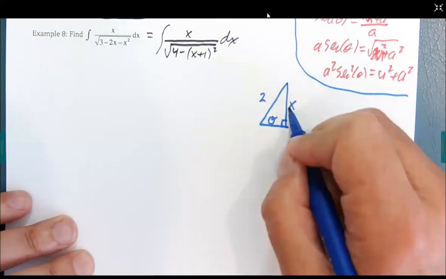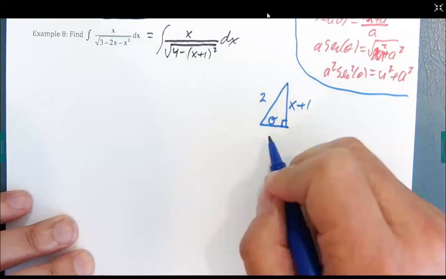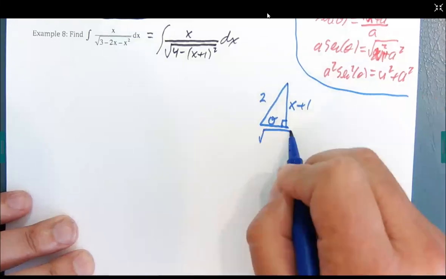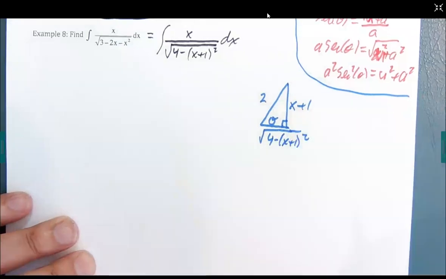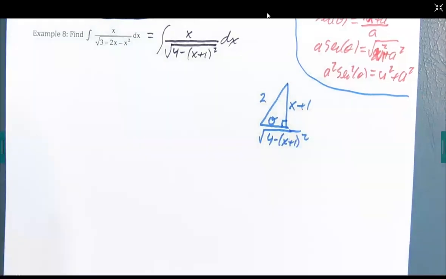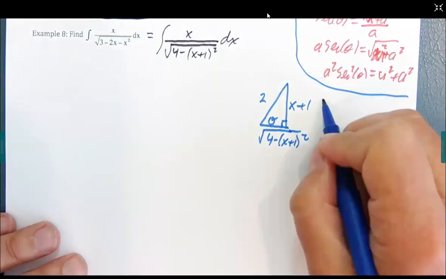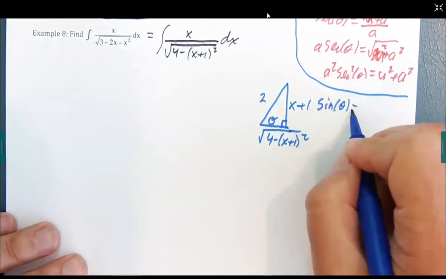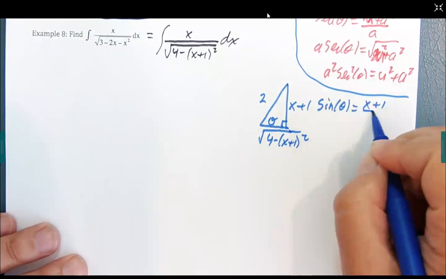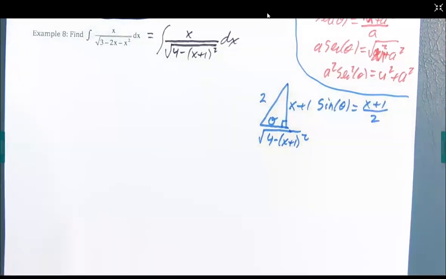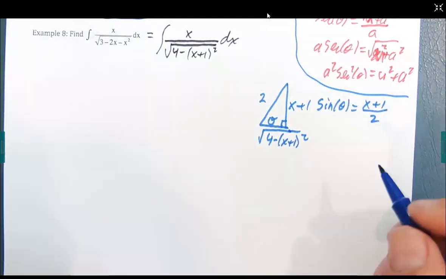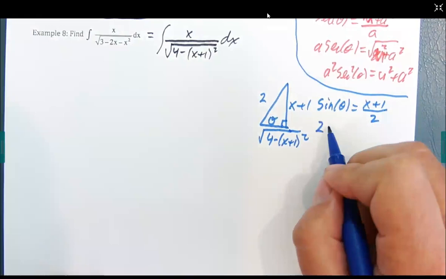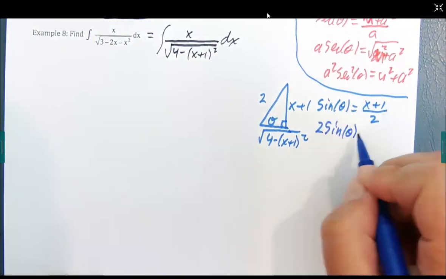One of the legs is x plus 1. And this becomes the square root of 4 minus x plus 1 squared, which means sine theta is x plus 1 over 2, which means 2 sine theta is x plus 1.